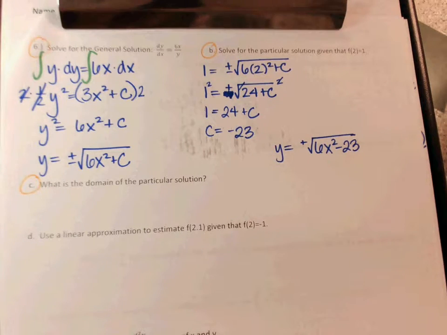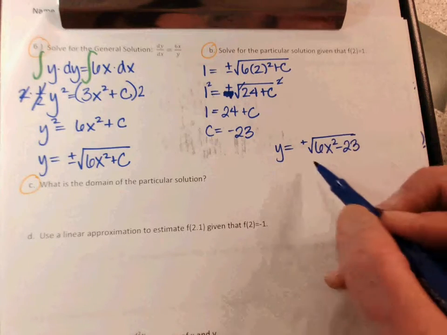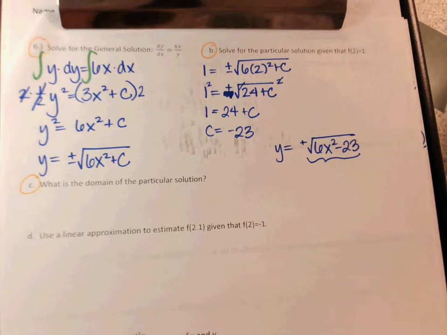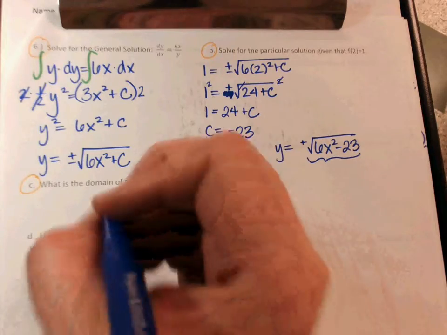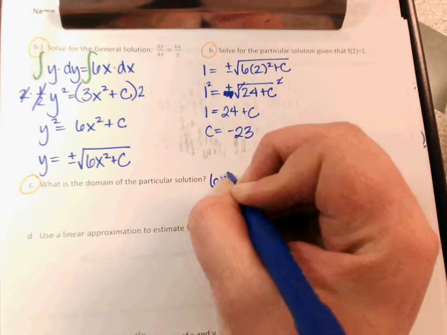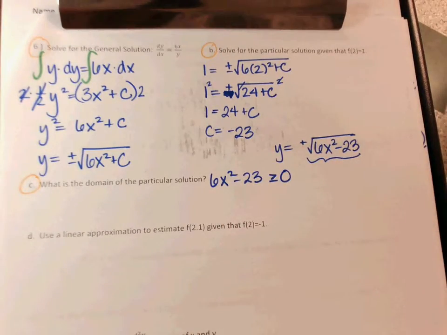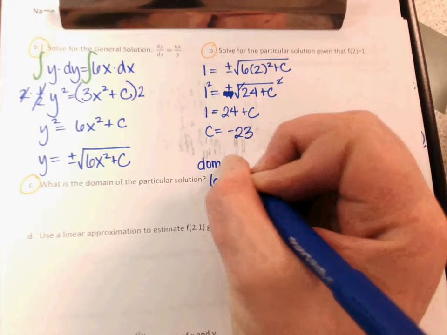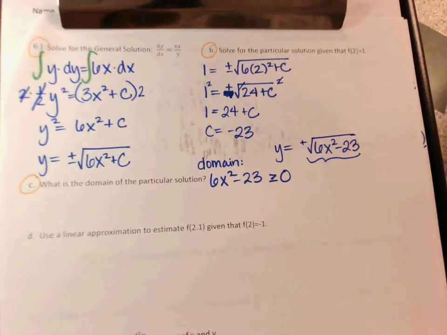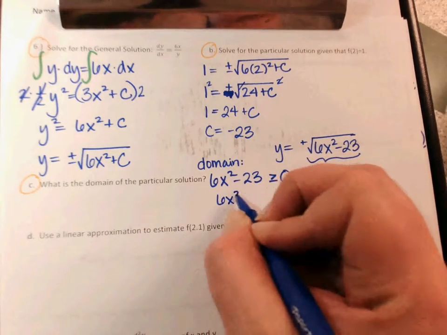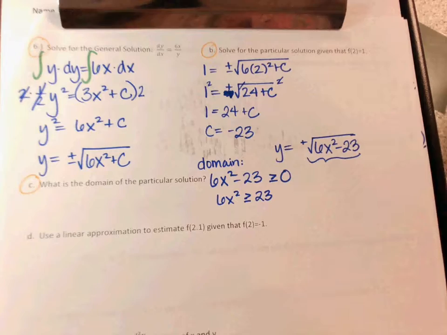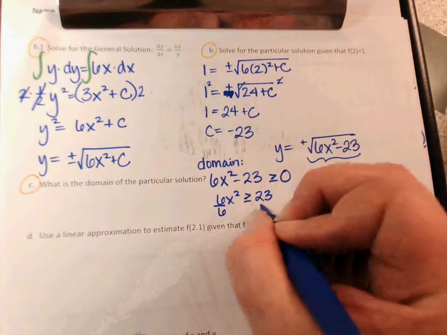Okay, look at part C. What is the domain? Domain is x. Are there any x's that I can't put inside the square root? Anything that will make the square root expression less than 0. Negative. Correct. So I'm going to let 6x squared minus 23 has to be greater than or equal to 0. Now, why can it be equal to 0? Because you're allowed to square root 0. Okay? So I would bring my 23 across. I would divide by 6.